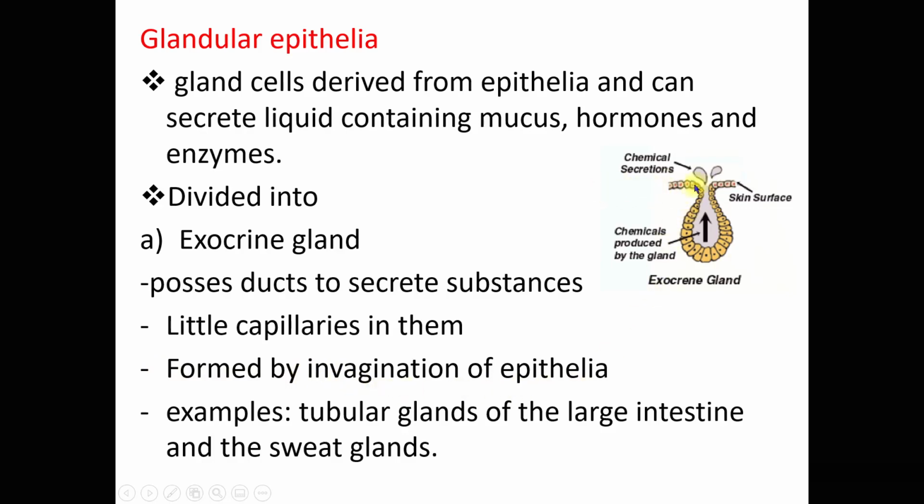Invagination means this is the condition of the initial epithelia, so it invaginates, it curves inwards like this. Examples of exocrine glands are the tubular glands of the large intestine, as well as your sweat glands.